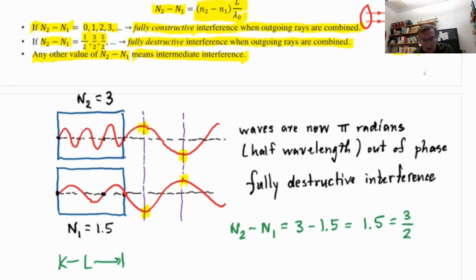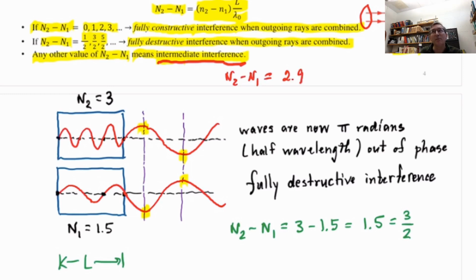Note, by the way, you can have intermediate interference here because big N2 minus big N1 isn't an integer or an odd half integer. But you can also say, okay, big N2 minus big N1 is not one of these special values. Let's say, just for the sake of argument, that big N2 minus big N1 is 2.9.